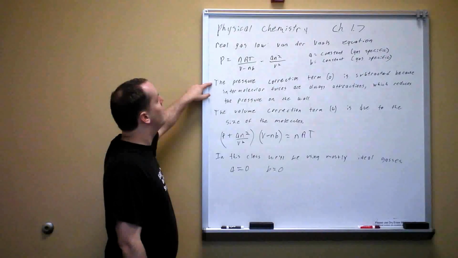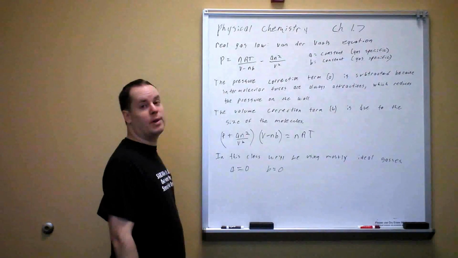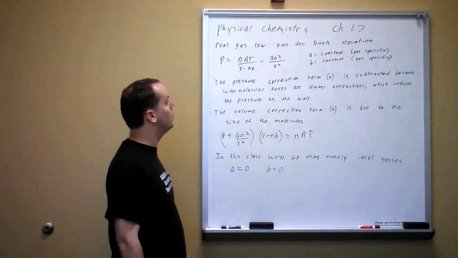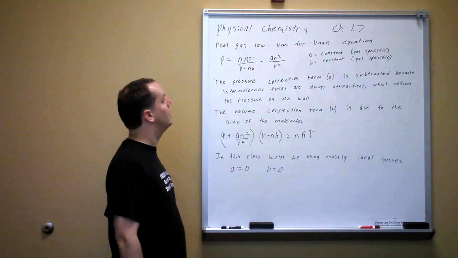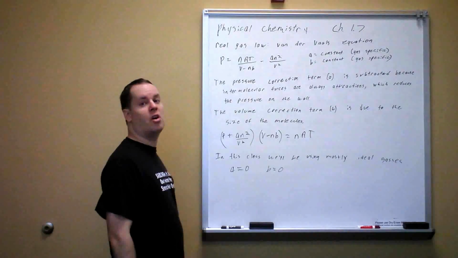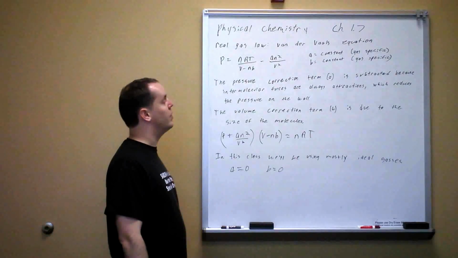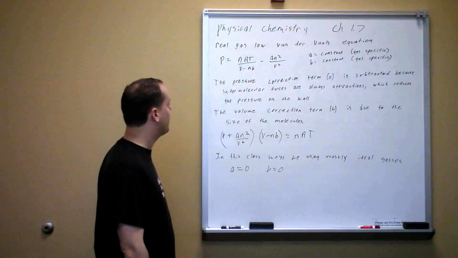Now, the a corrects for pressure, and is subtracted because it's based on intermolecular forces. Intermolecular forces are always attractions. Those intermolecular attractions, therefore, if the gas is attracted to itself, it's not pushing as hard on the wall. So this is going to reduce the amount of pressure on the wall of our system.